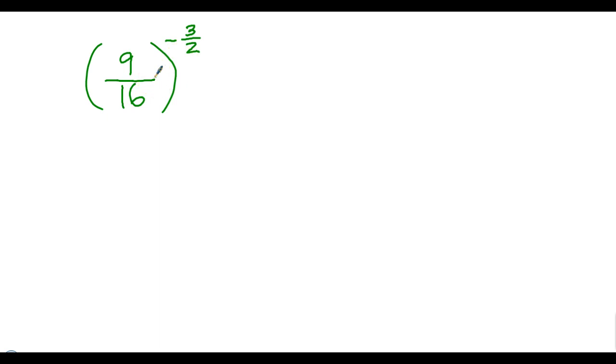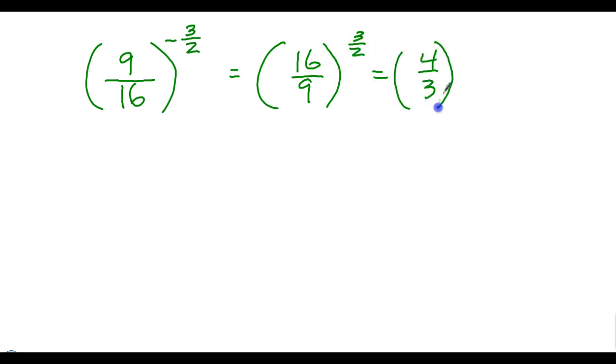All right, so a couple different options. One is this is negative, so I could just right away switch it and then get 3 halves. And then from here, I'm going to take the square root, so I would get 4 thirds cubed, which gives me 4 cubed is 64, and 3 cubed, which is 27.